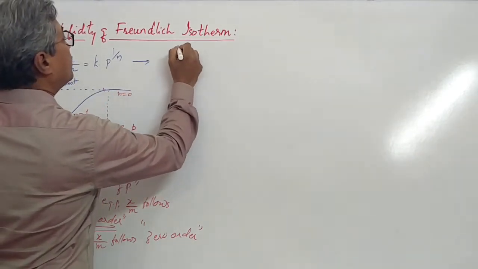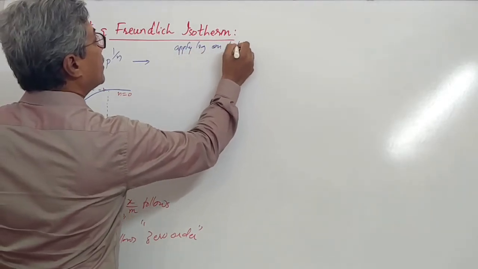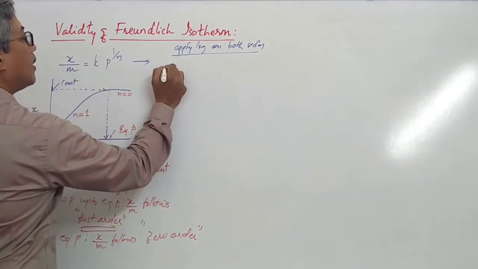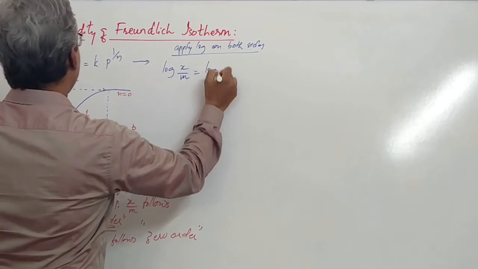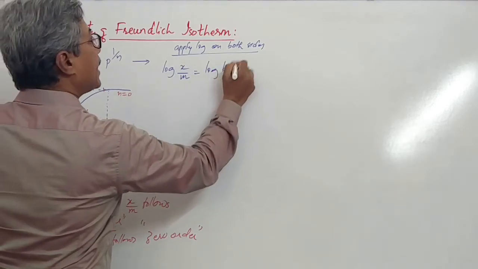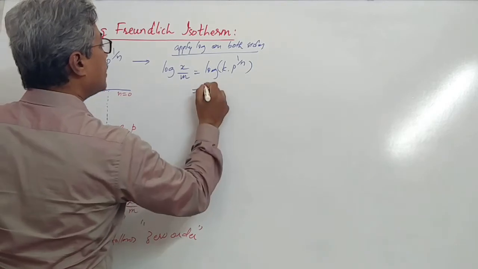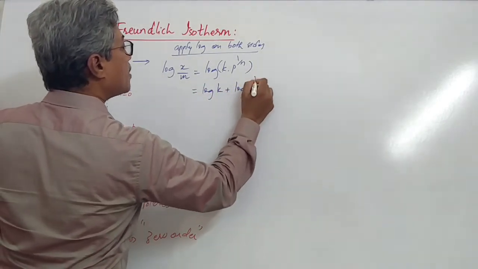Okay. Now let us look at this equation. We apply logarithm on both sides. See what we get. Log of x by m is equal to log of k into p raised to 1 by n. This is log of ab, which can be written as log of k plus log of p raised to 1 by n.